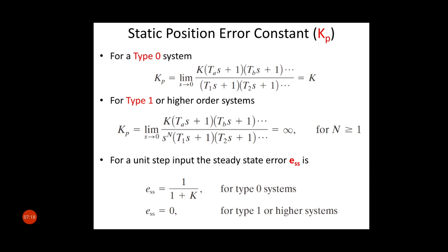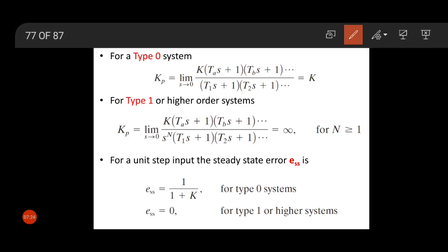For a type 0 system Kp is equal to K, and for a type 1 or higher order system Kp is infinite.